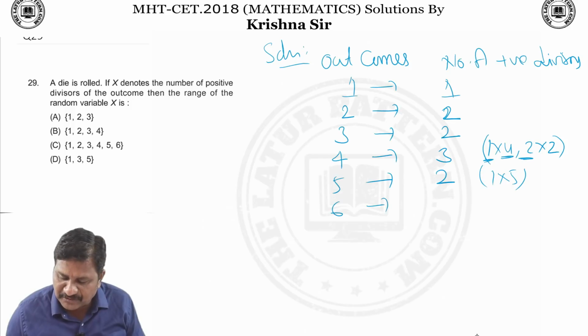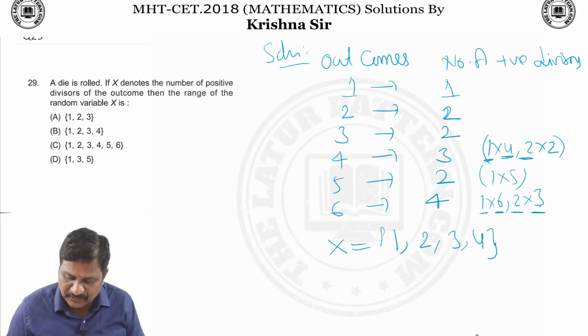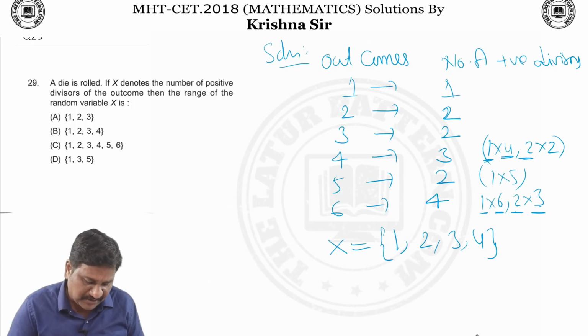The positive divisors of 6 are 1 into 6, 2 into 3. So the total numbers of positive divisors are 1, 2, 3, 4. Therefore, the range of capital X can be taken from these positive divisor counts as 1, 2, 3, 4. So from our options, the option is B.